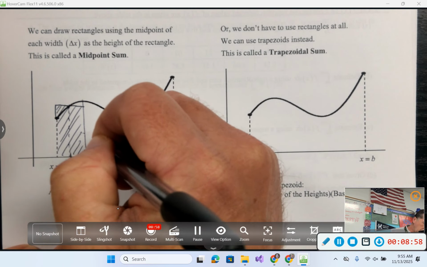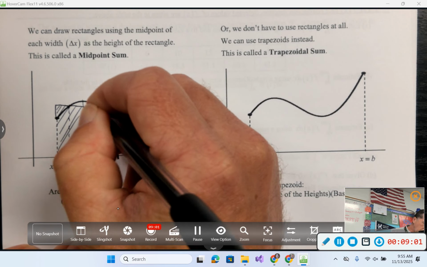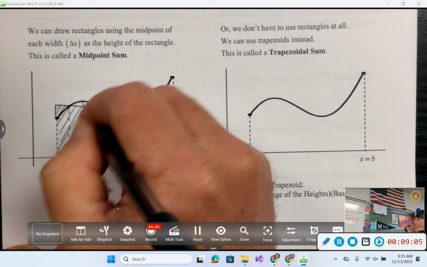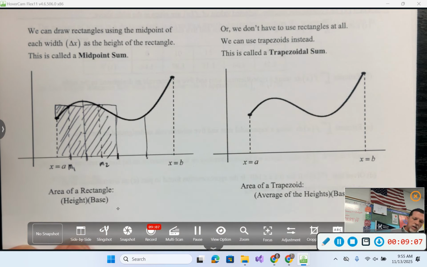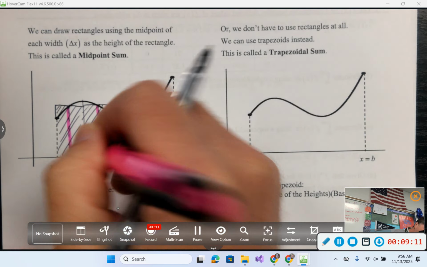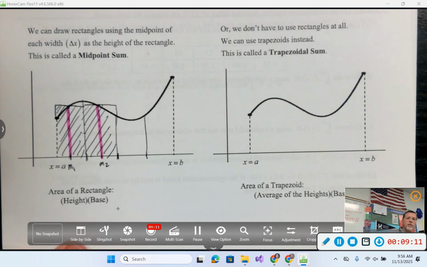There would be midpoint number 2. So we would use this height. Keep it consistent. There's the heights we're using. They're coming from the middle, not the left, not the right, but the middle height. Third midpoint lands right there.